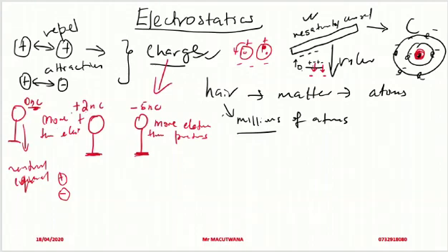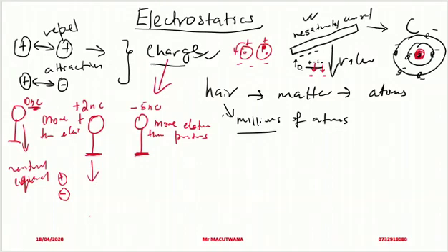So it means in the atoms of whatever material is there, there are more protons than electrons now. Remember, when an atom loses electrons, it becomes positively charged. So this one, which is negatively charged, has gained electrons. It has more electrons than protons.